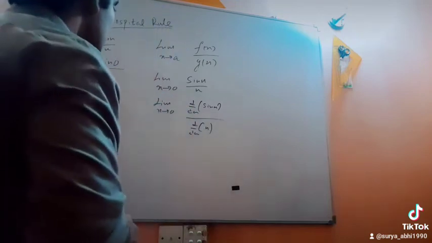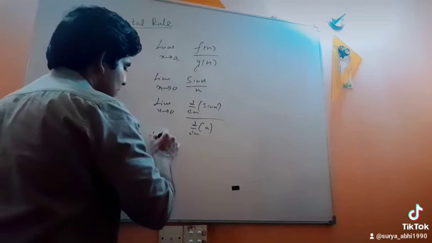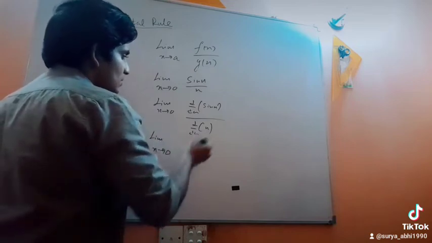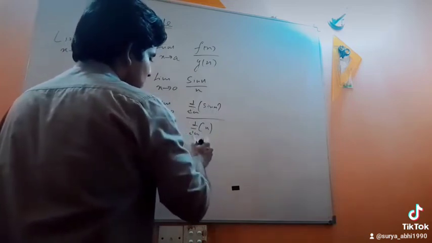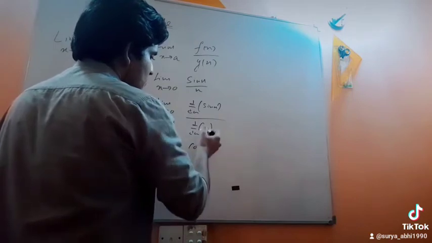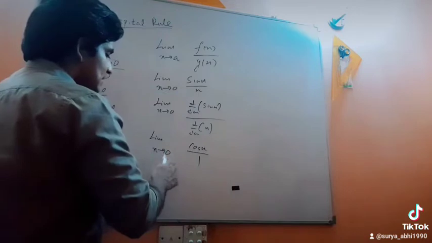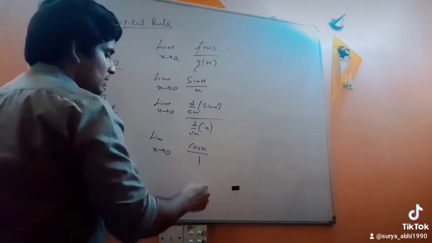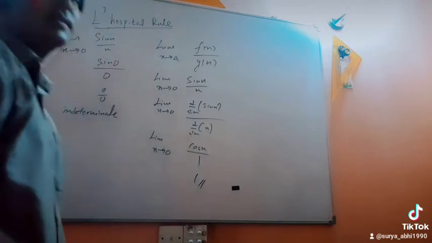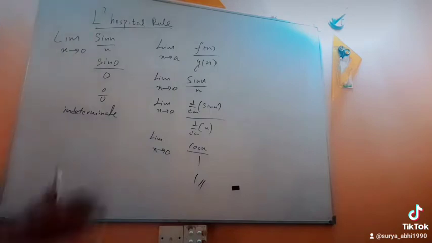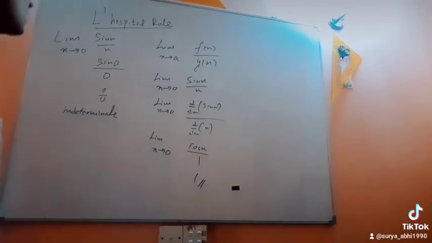The first derivative of sin x is cos x, and the first derivative of x is 1. When x tends to 0, cos 0 is 1, so the answer is 1. You got it, right? Let's do another problem.